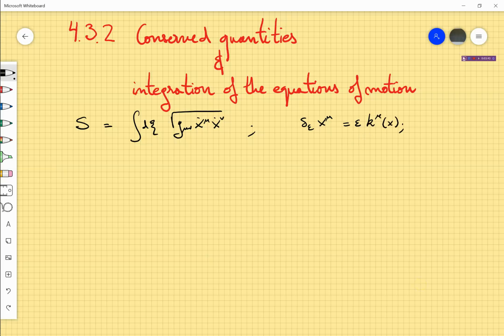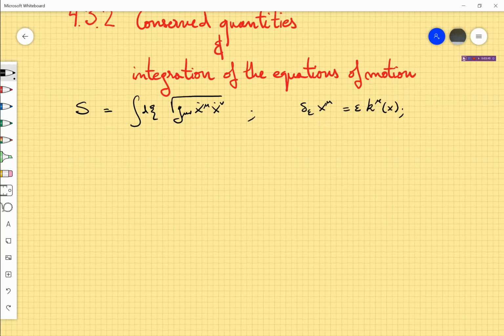So these are the transformations that we are going to study. If there is a cyclic coordinate, then we know that for a particular k that only has a component in the direction of that coordinate, this action will be invariant. Now we want to study the general case without assuming anything about cyclic coordinates.